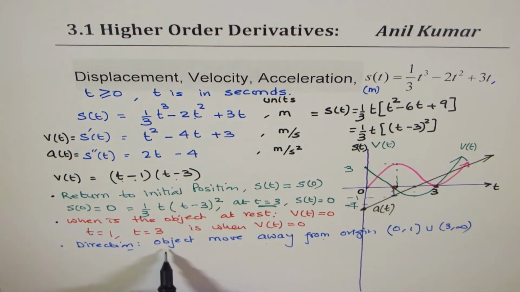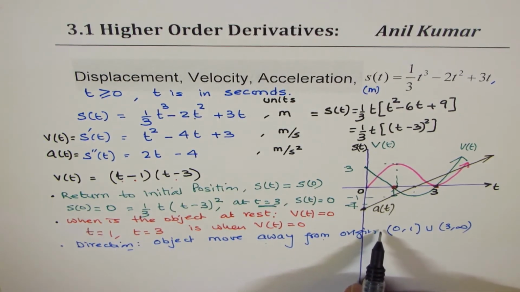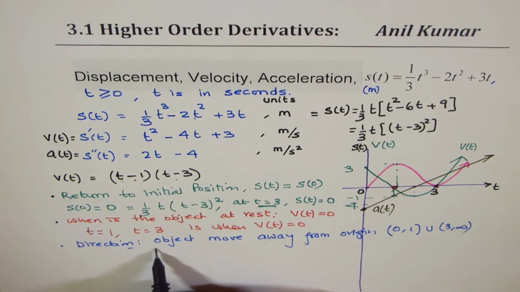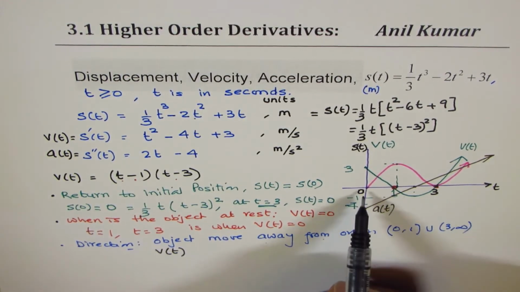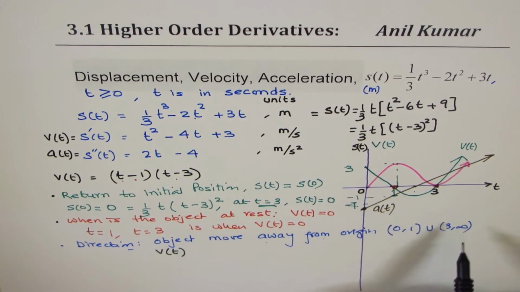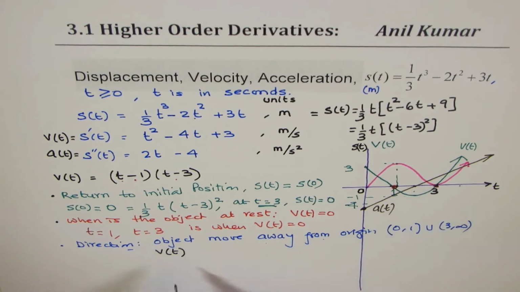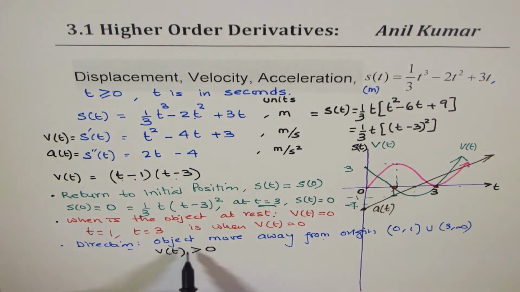So direction is away from origin when we have two things in common. And that is the velocity v of t, see, from 0 to 1 it is positive, and then from 3 to infinity also the velocity is positive. So velocity is greater than 0.